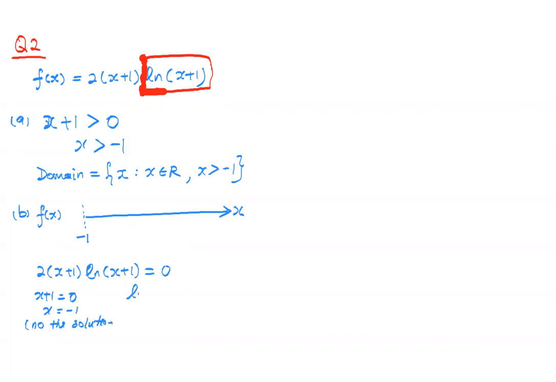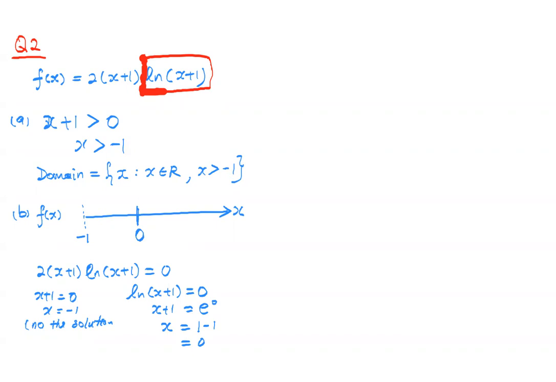So ln of x plus 1 equals 0, so x plus 1 equals e to the power 0, which is 1. So x is 1 minus 1, equal to 0. So 0 is the x-intercept.